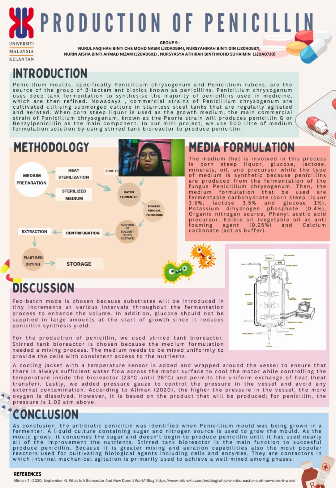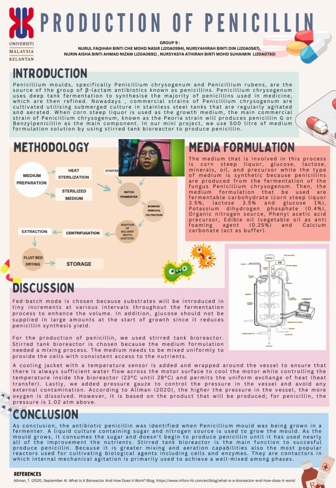And the amount that we use is 3.5% for corn steep liquor and lactose, and 1% for glucose. And next, we use potassium dihydrogen phosphate, which is 0.4%.